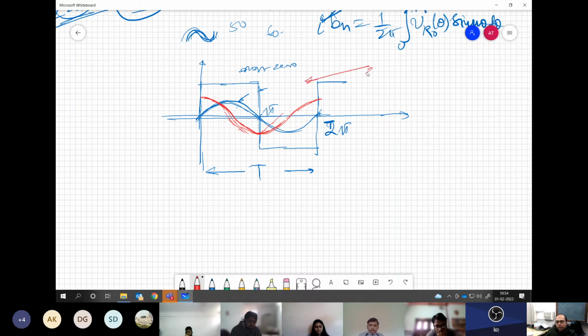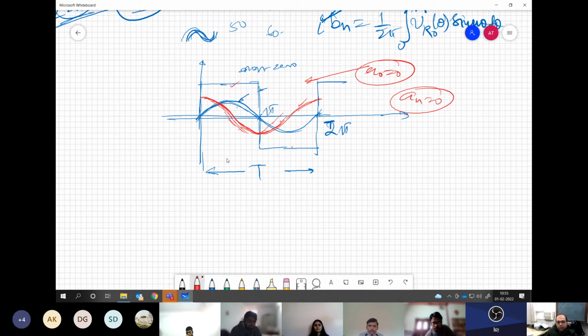For example, for this we can say that DC is 0. And then we can say that cosine is also 0 because the product is coming out to be balanced on both the halves. Any cosinusoid, whether even or odd, any frequency, this is coming out to be 0 because in the positive half cycle you have positive and negative both, and in the negative half also you have positive and negative both. So it will cancel out.